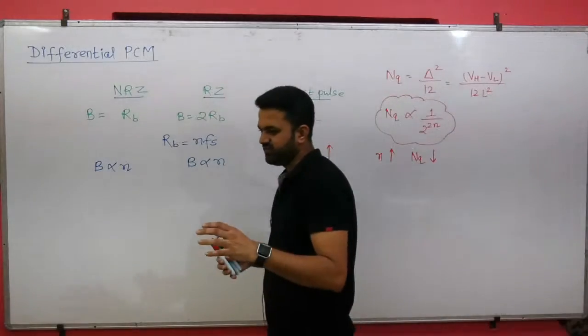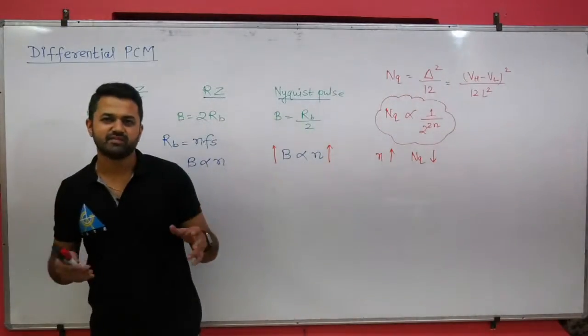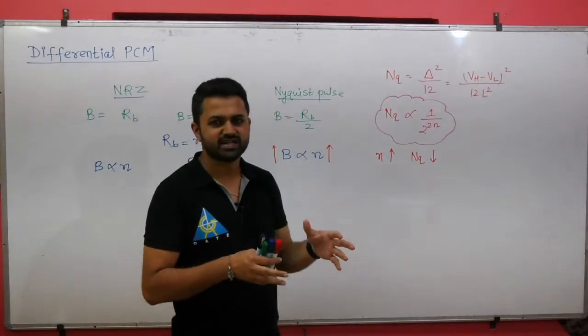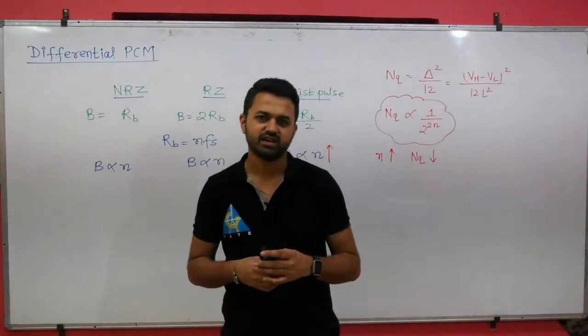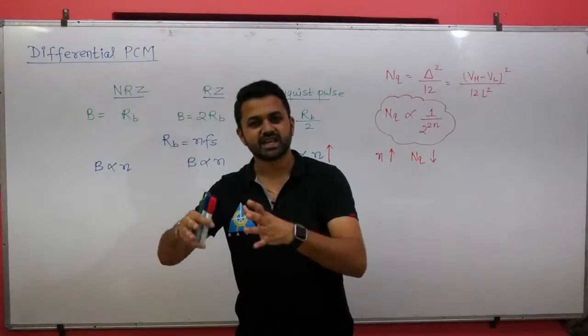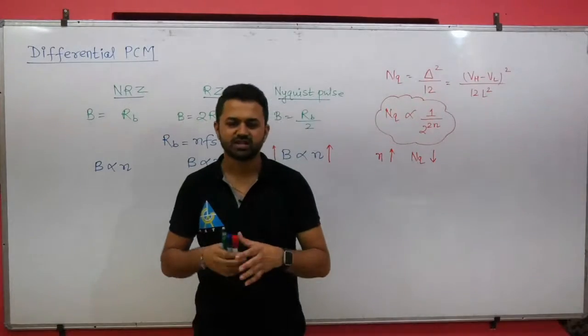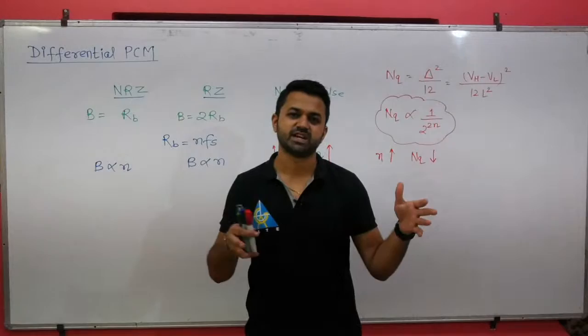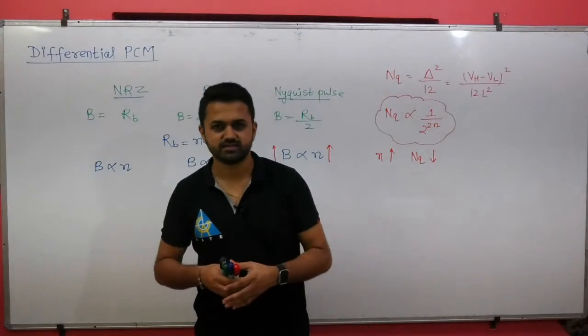But we never want a large bandwidth for the signal, because to transmit a signal we always want less bandwidth. We want the channel bandwidth to be large and the signal bandwidth to be less, because if the signal bandwidth is less, more signals can be transmitted using the large bandwidth of the channel.